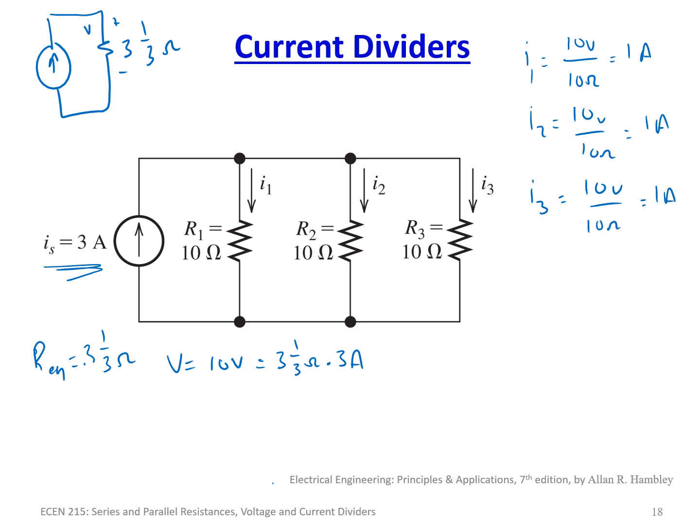Which just so happens I1 plus I2 plus I3 is equal to I total. That's from KCL, Kirchhoff's current law, which just so happens 1 amp plus 1 amp plus 1 amp is equal to 3 amps.